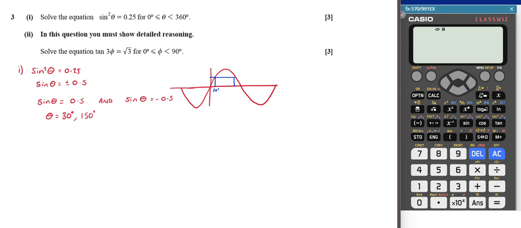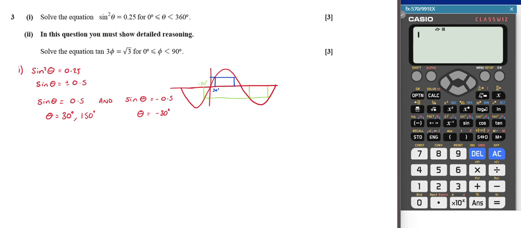If I do minus 0.5, again I happen to know this one is minus 30. So I would draw that at minus a half, and that gives me that value there, my minus 30 degrees. I'll draw my line across to see where the others are. Going to use that symmetry once again.